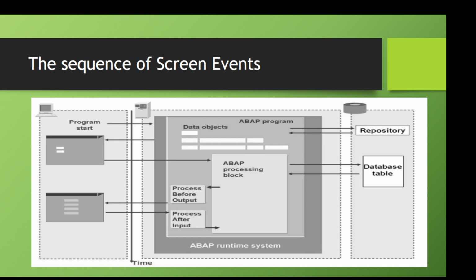The sequence of screen events. This is the most important thing: what is the sequence of screen events that occurs when the screen is called via T code, and what is the role of the different sections and elements of screen programming or module programming, because there are three basic characters playing a very important role for displaying data or for any type of CRUD operations.